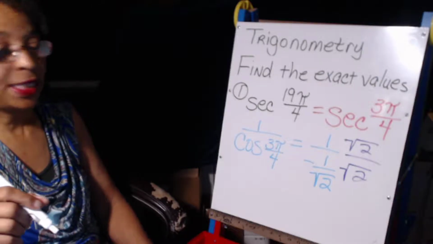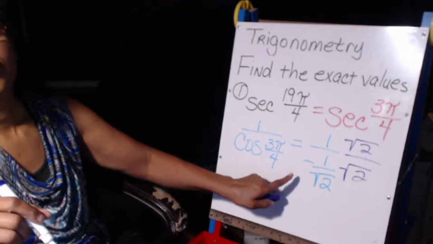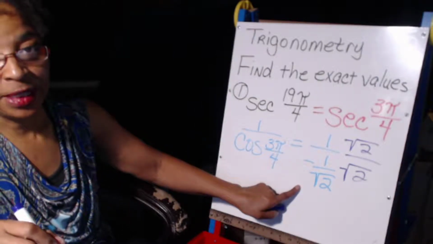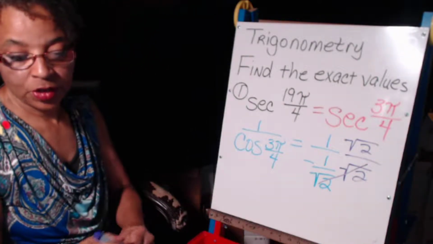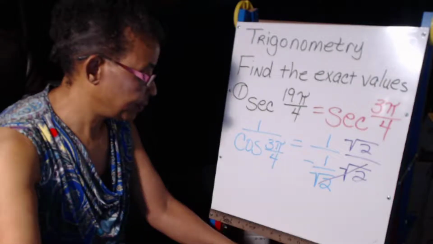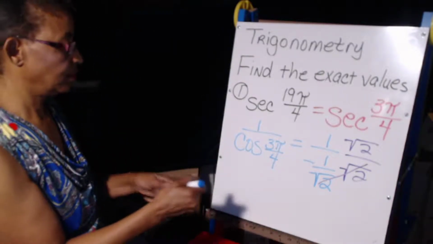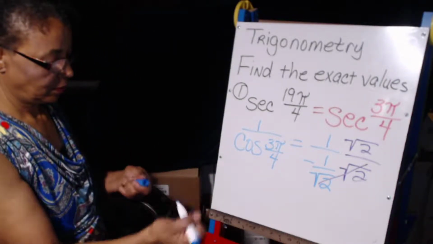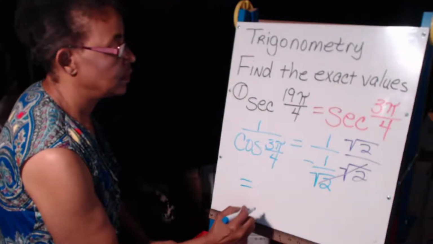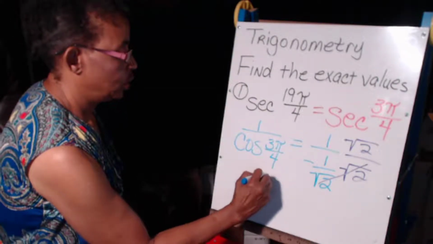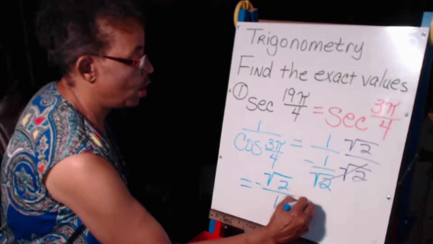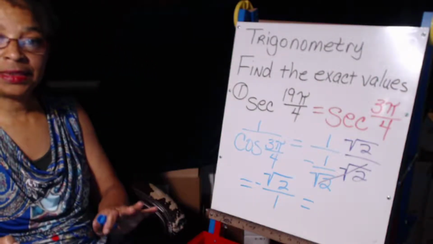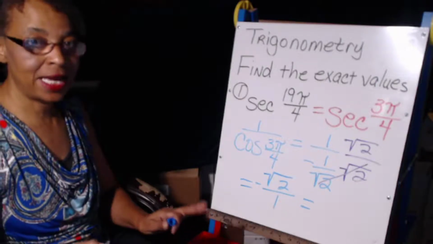The effect is that the square root of 2 in the denominator is canceled. So we have square root of 2 over 1, and because it's in the second quadrant, it is a negative square root of 2.